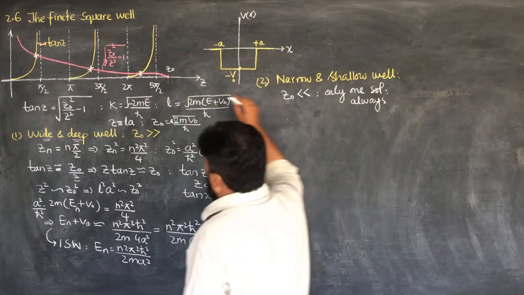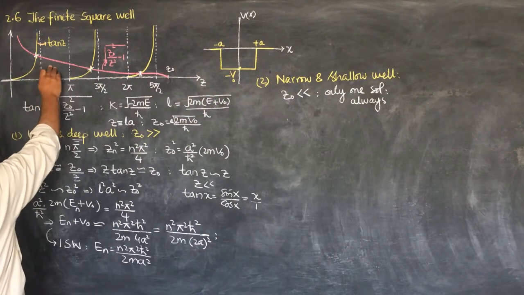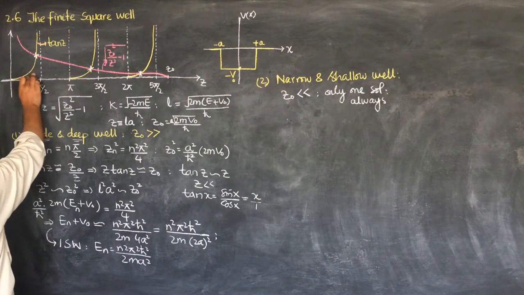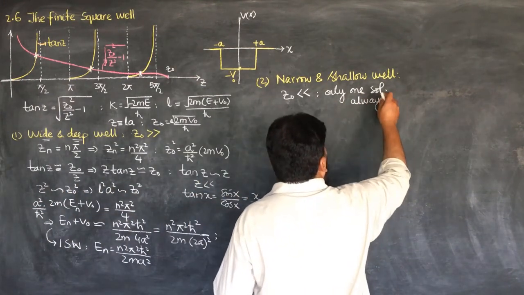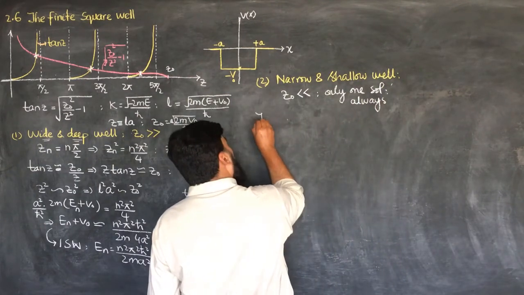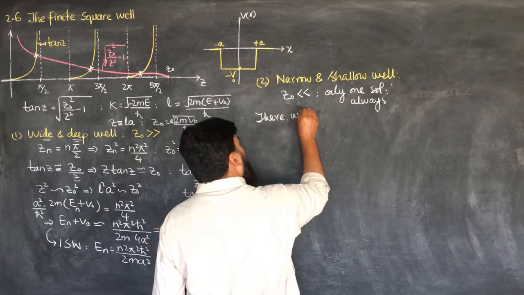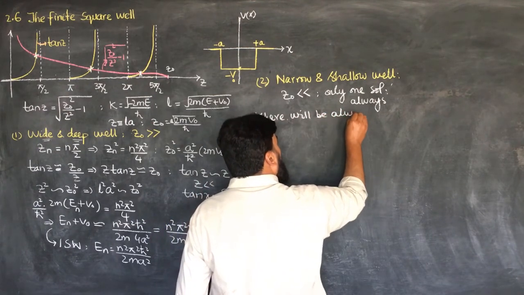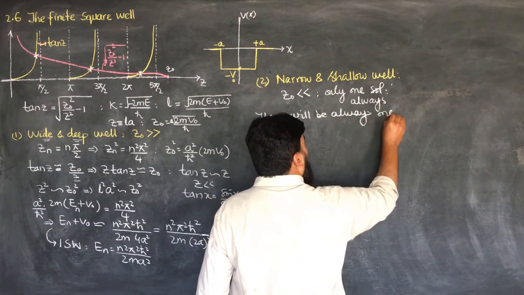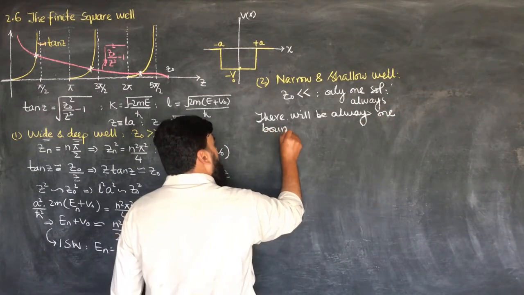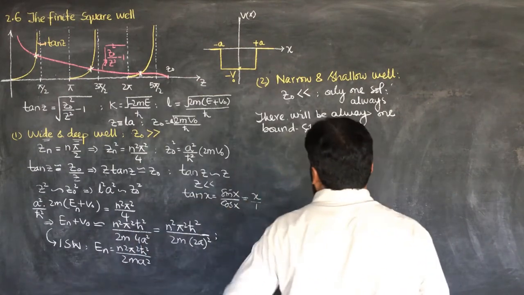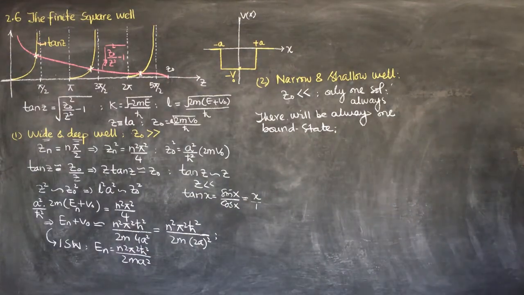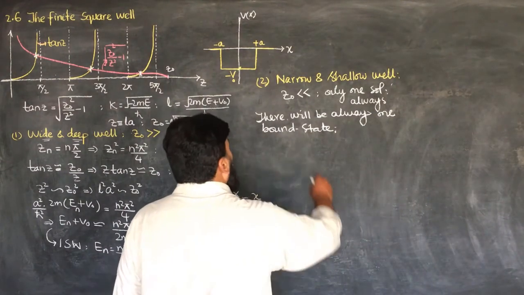For the lowest value of z naught, the odd solution will not be possible. Only one solution, or only one bound state, will be possible. So we will always have the possibility of one bound state, and z naught will be very small.